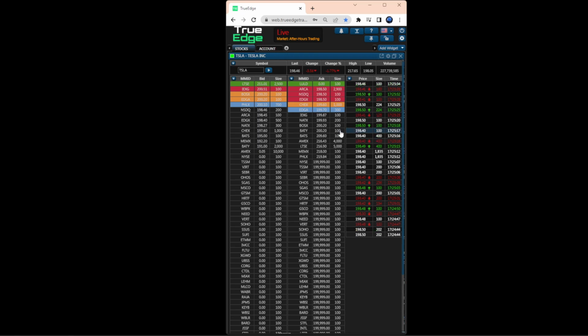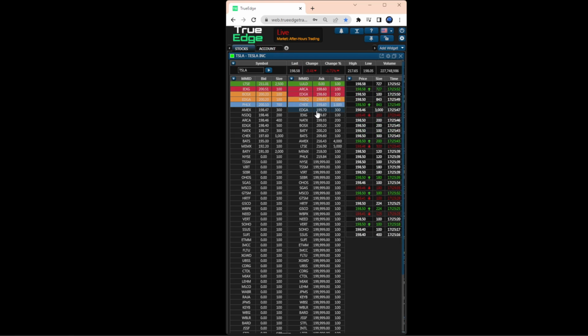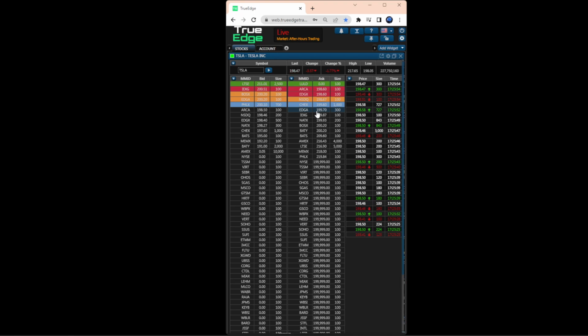By in between, I mean if the bid is 198.46 and the ask is 198.60, there's a distance between the two that's greater than 1 penny. 1 penny is the minimum increment difference between the two sides. So if the distance between the two sides is large enough, I might be able to negotiate into a buy where I can buy somewhat below the current offer or sell somewhat above the current bid.